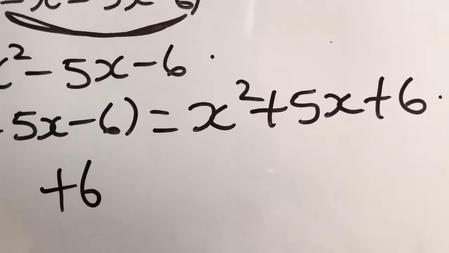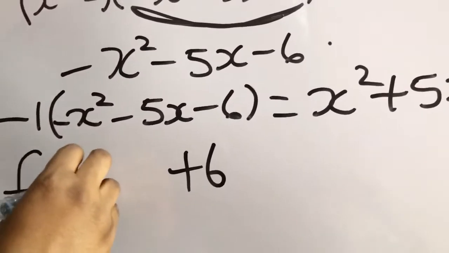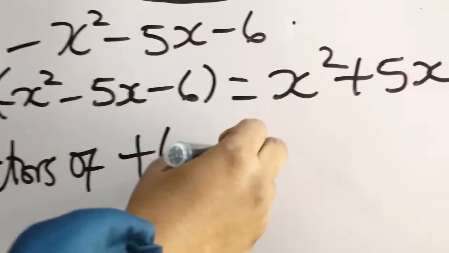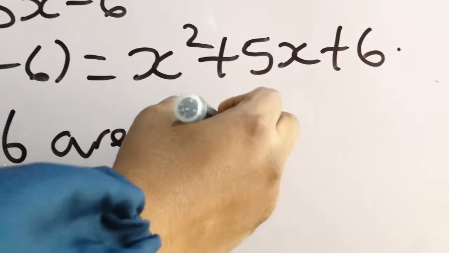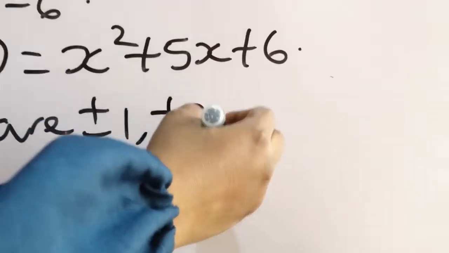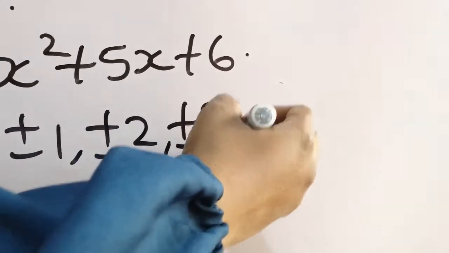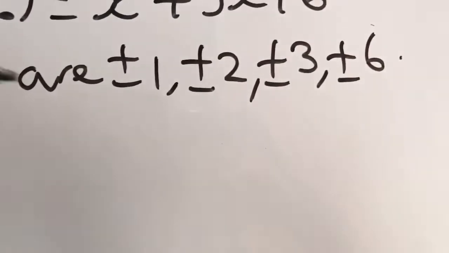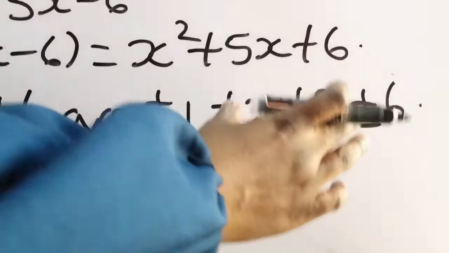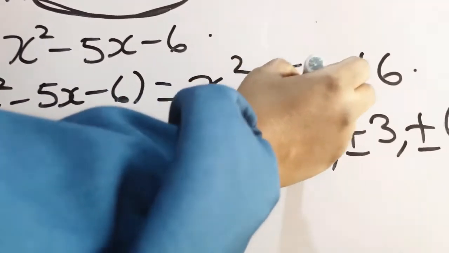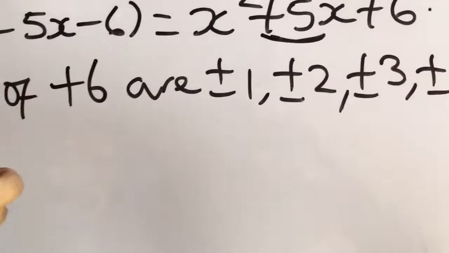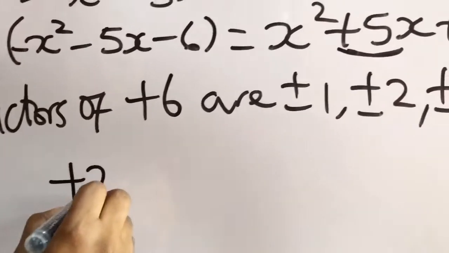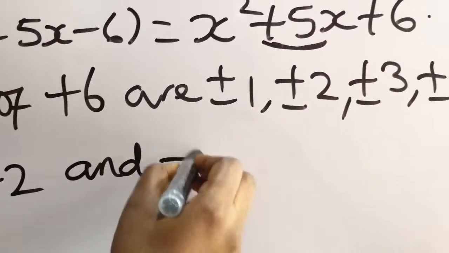So factors of 6 are plus or minus 1, plus or minus 2, plus or minus 3, and plus or minus 6. So we have to look for 2 out of these factors of 6 that, after adding them together, must give plus 5. And that is plus 2 and plus 3.